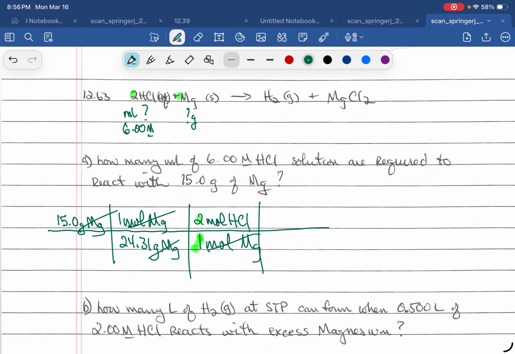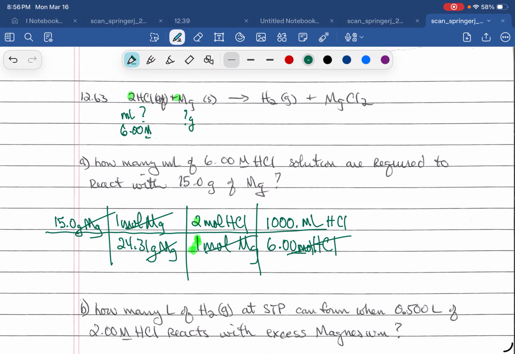And we're looking for how many milliliters. So we know that there are 6 moles of HCl per liter. But a liter is 1,000 milliliters. What if we just plug in 1,000 right here? So the moles cancel.